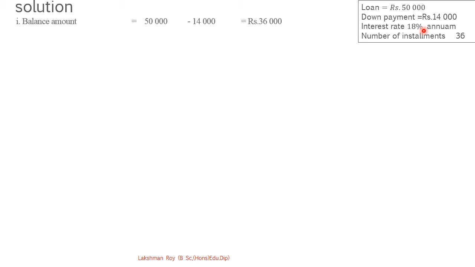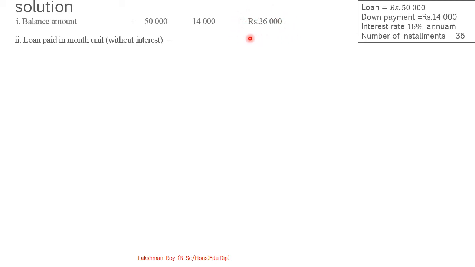method, right? Then you go to Roman number 2, loan paid in month unit without interest. That means if there is no interest, how much should be paid in month unit? What is the balance that should be paid in 36 monthly installments? 36,000.